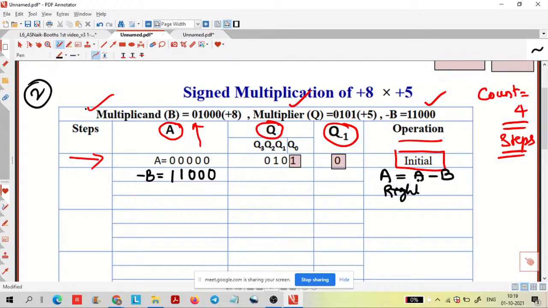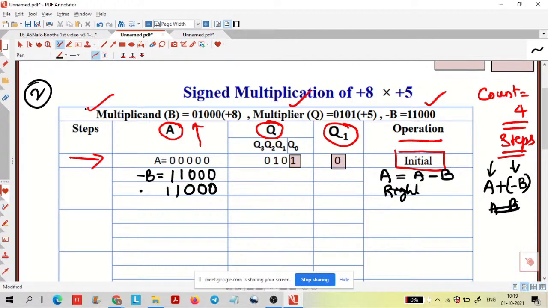Here A minus B is similar to A plus minus B. You have A, you have B. It is equivalent to A minus B. So you have the value of A and the negative value of B, meaning the 2's complement, you have to consider and perform the addition. So do the addition: 0 0 0 1 1.